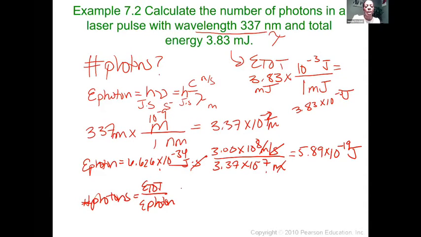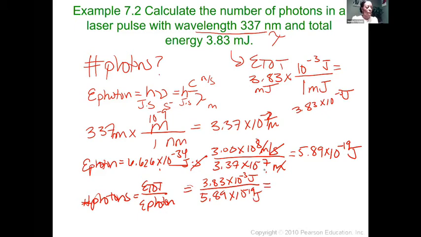And so we plug that 3.83 times 10 to the negative 3 joules into our total energy and divide by the energy of a single photon, and that will give us the total number of photons that we have.